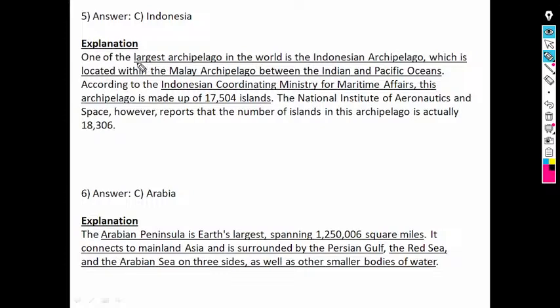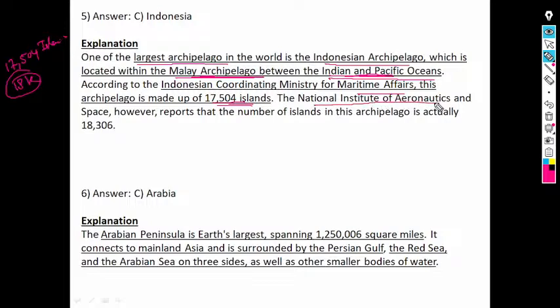Indonesia is one of the largest archipelagos in the world, the Indonesian archipelago, located in the Malay archipelago between the Indian and Pacific Oceans. According to the Indonesian Coordinating Ministry of Maritime Affairs, this archipelago has about 17,504 islands, or we can say 18,000 islands.